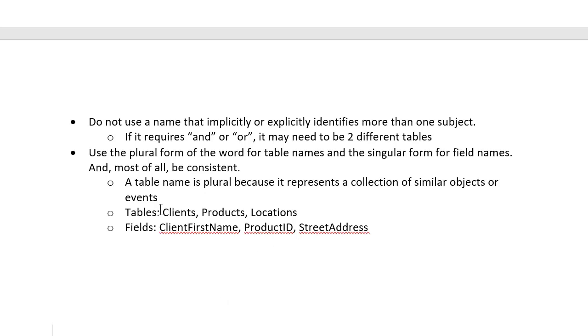Notice here that these are not too long, but they convey enough information for the field names. But this is called camelback or humpback notation, where you combine uppercase and lowercase in your characters here, and it makes it easier to read.